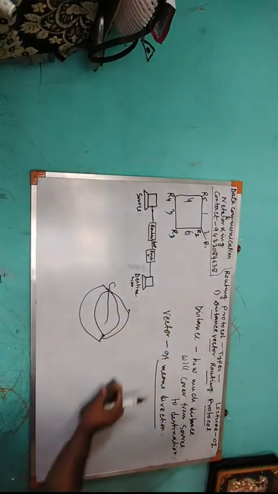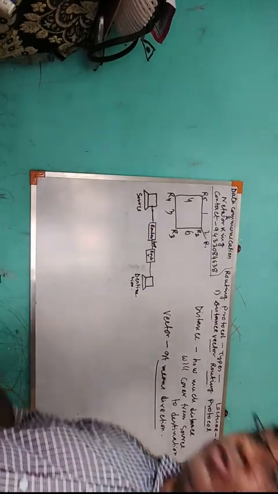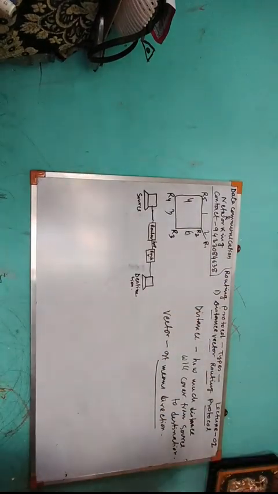That is distance vector routing protocol. Distance means how much distance will be covered from source to destination. Vector means the direction.